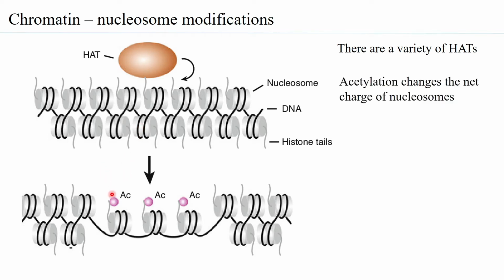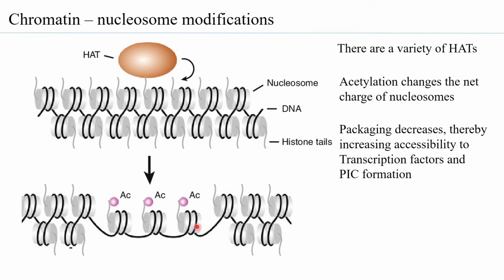So, one of the typical observations with most nucleosome modifications, whether it is acetylation, phosphorylation, or methylation, except of course certain methylations, which do not behave the same way as other modifications do. But let us make it understandable that most of these modifications actually render a change in the net charge of the nucleosome.